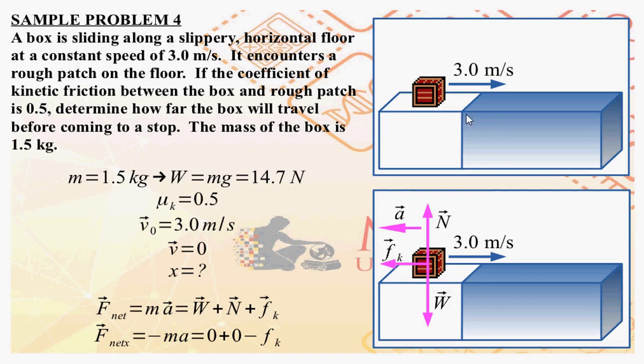But it encounters a rough patch on the floor. So on this rough patch on the floor, there will be friction between the box and the floor. The coefficient of kinetic friction between the box and the rough patch on the floor is 0.5.